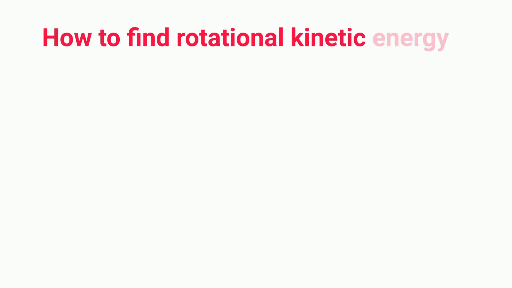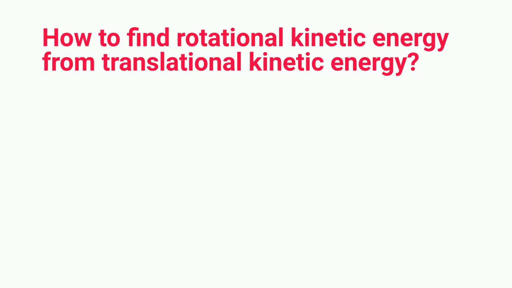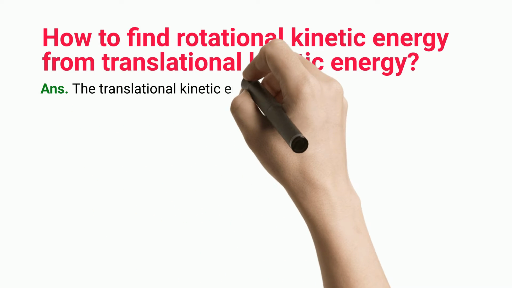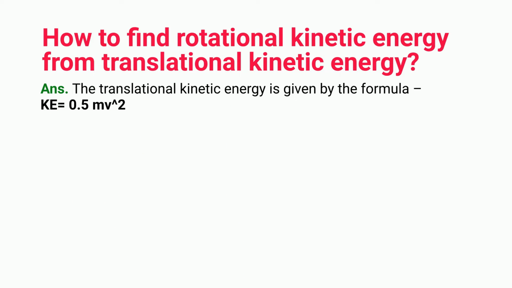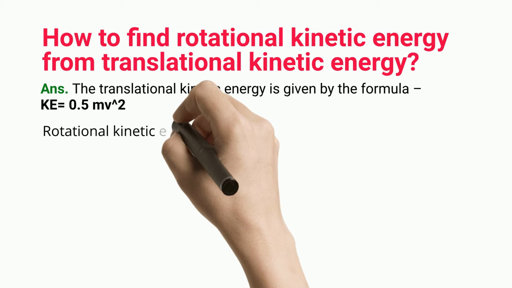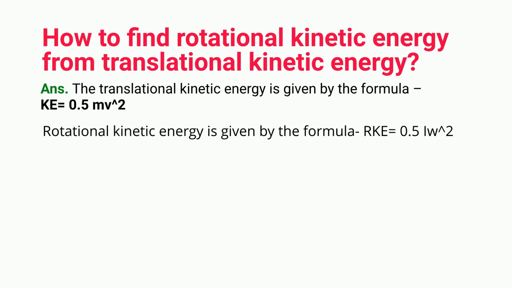How to find rotational kinetic energy from translational kinetic energy? The translational kinetic energy is given by the formula K equals 0.5 mv². Rotational kinetic energy is given by the formula K_R equals 0.5 Iω².